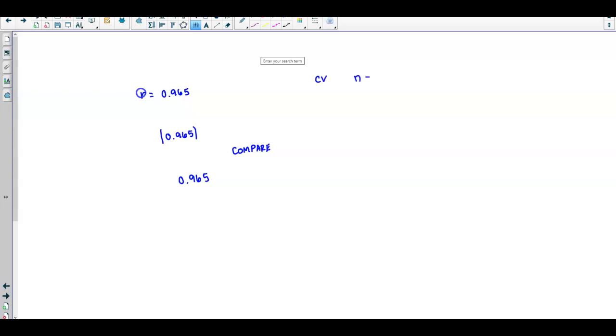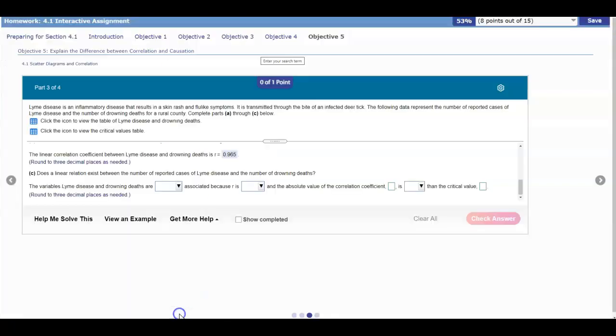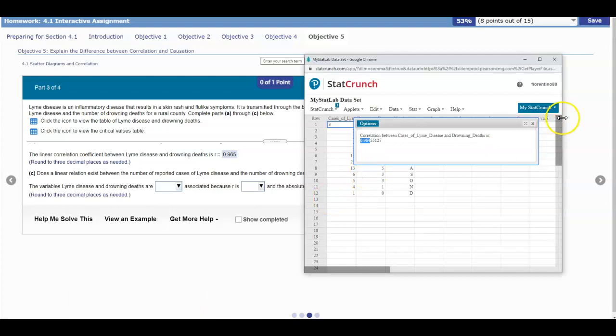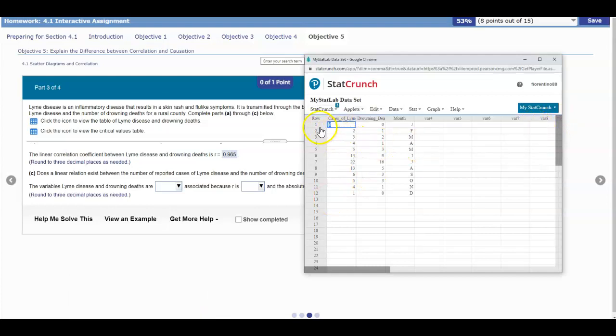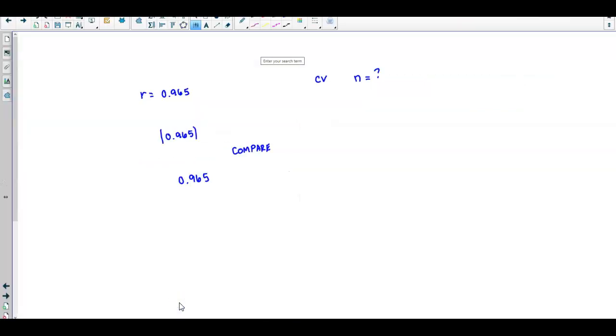So we need to know the sample size. Going back to the data, how many do we have? We have 1, 2, 3, 4, 5, 6, 7, 8, 9, 10, 11, 12. So the sample size is 12, and n is equal to 12. Now we need to find the critical value associated with n equal to 12.